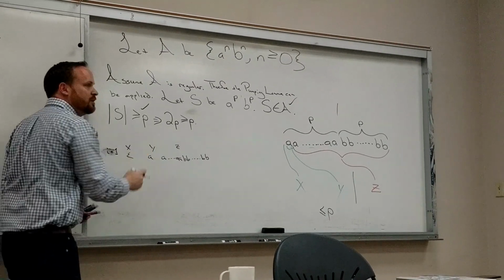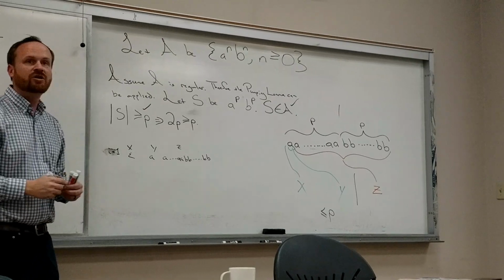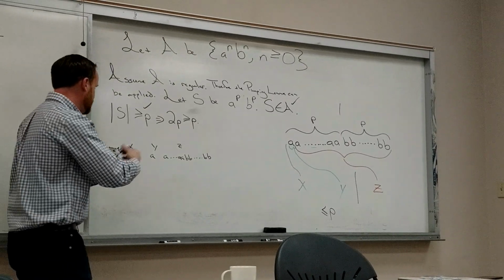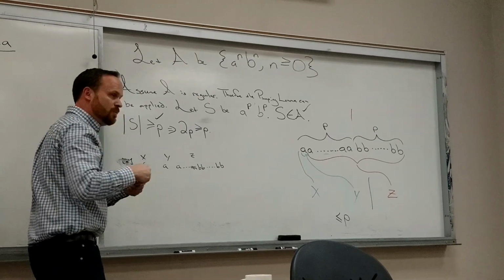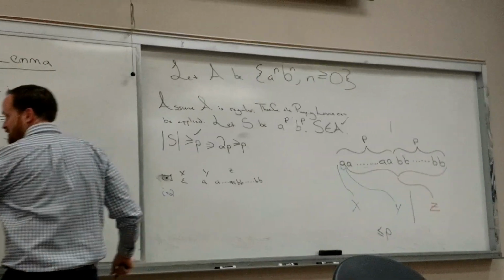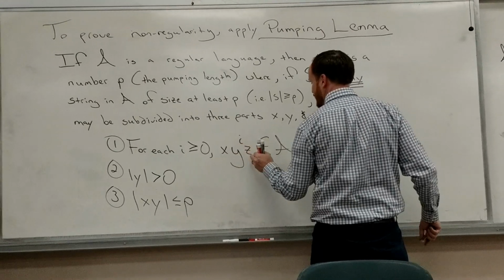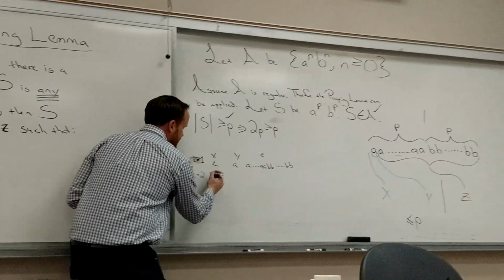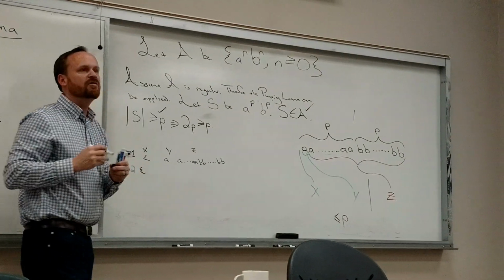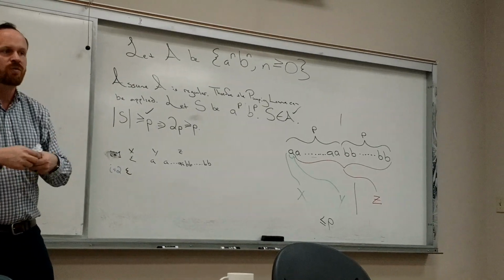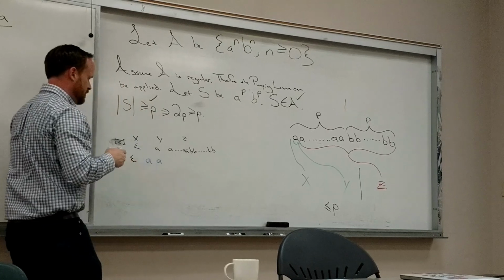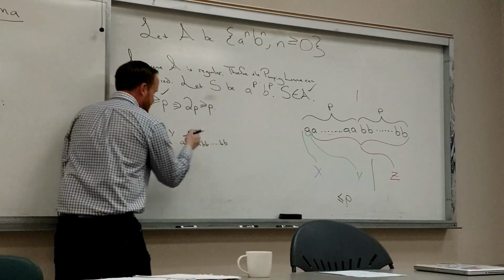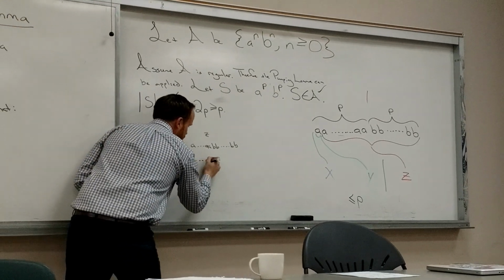This is exactly 1y. I want to show you what happens when we set i equal to 2. When i is equal to 2, x, y to the i, z, we take the x and we increase the number of instances of y to 2, where we have A. And then we have the same number of things here. We have A.